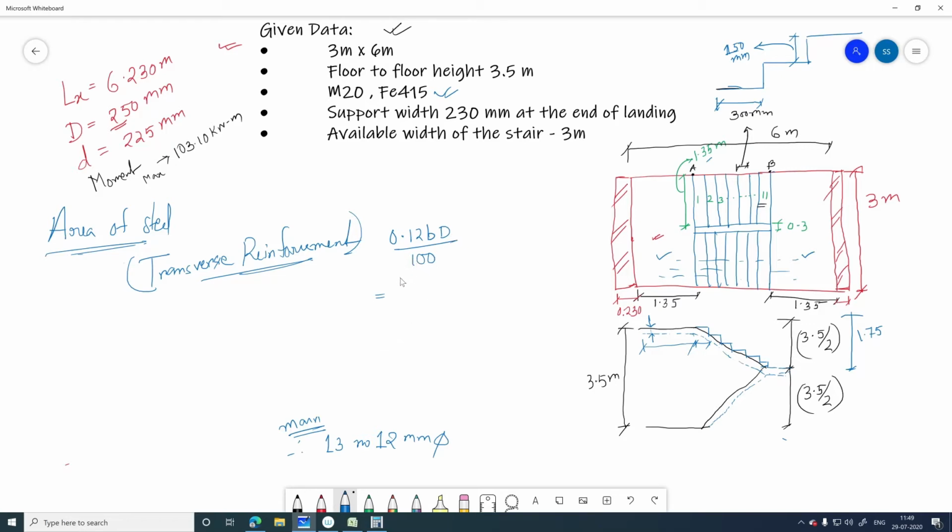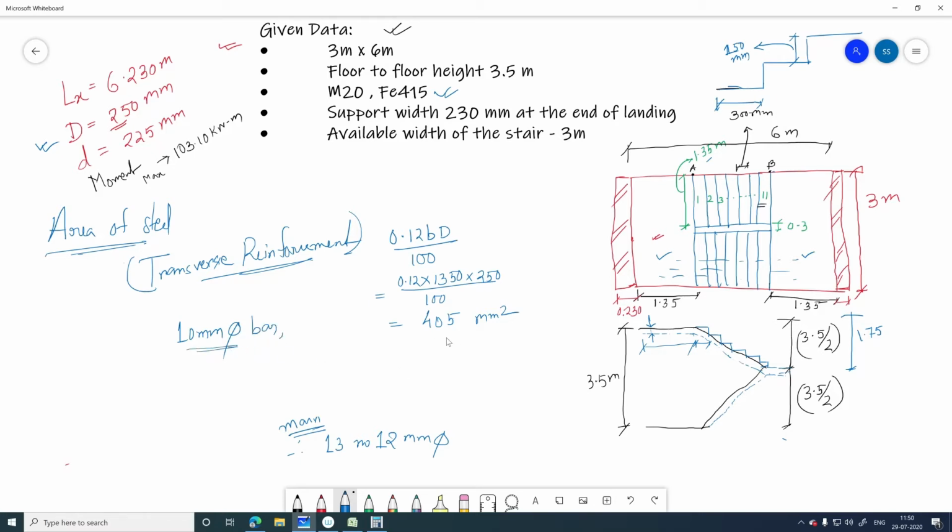So let's put the value 0.12 into B. The value of B is 1350 because it is the length of the single flight, and the value of D is 250, that means the overall depth, by 100. The value that you get is 405 mm square. So let's provide here 10 mm dia bar.